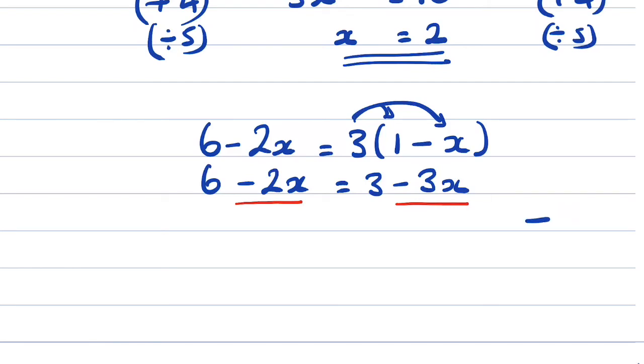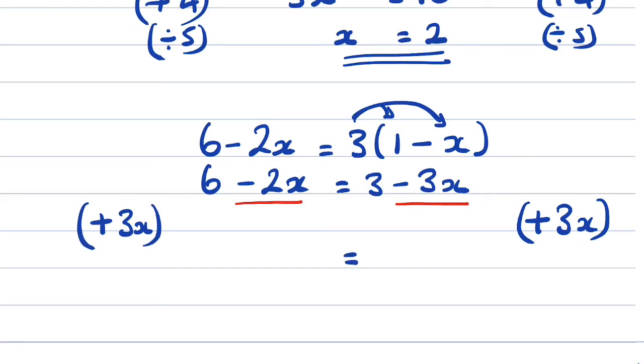In order to get rid of the negative 3x, we need to add 3x, but remember we do that to both sides. Now when we add 3x to the left hand side, we already have 6, we haven't done anything with that, but we have a negative 2x. Now a negative 2x, add 3x, what does that give us?